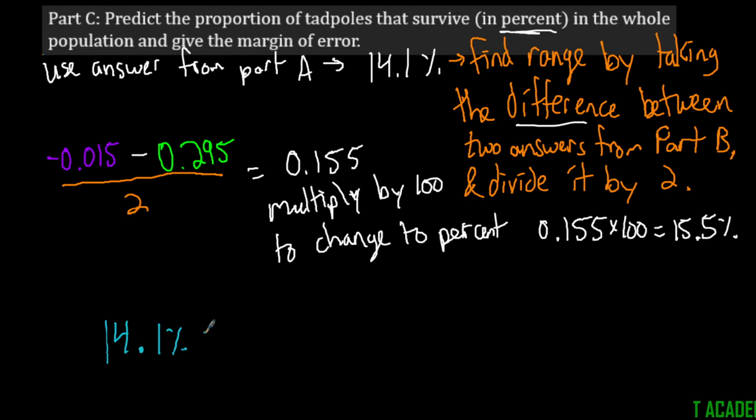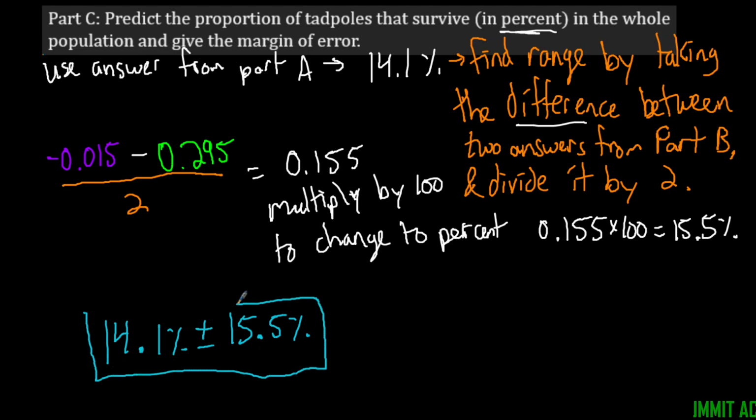Since it goes in two different directions, whether we add it or subtract it, we have that plus or minus symbol, and then 15.5%, which is a pretty decent amount of change for a margin of error, but we can say this is going to be our answer. That makes sense too, because it talks about how the numbers go in the negatives if we subtracted, but also go up past 29 because we're talking about that average survival rate.